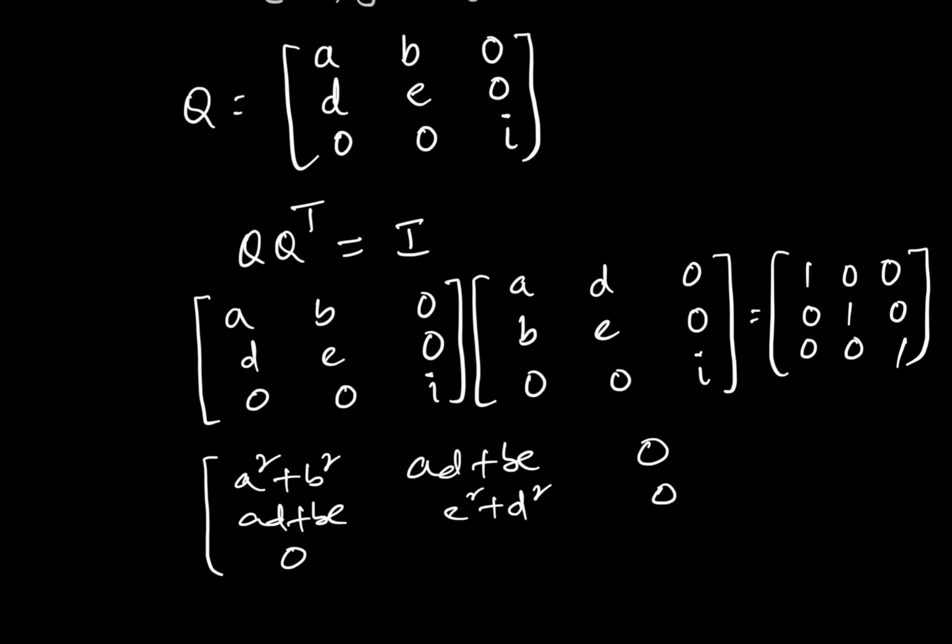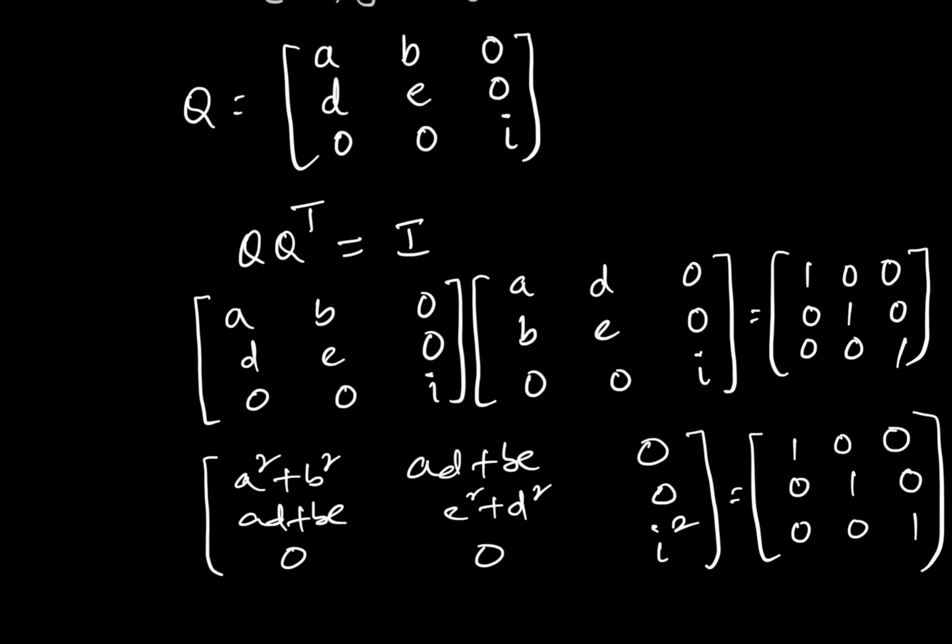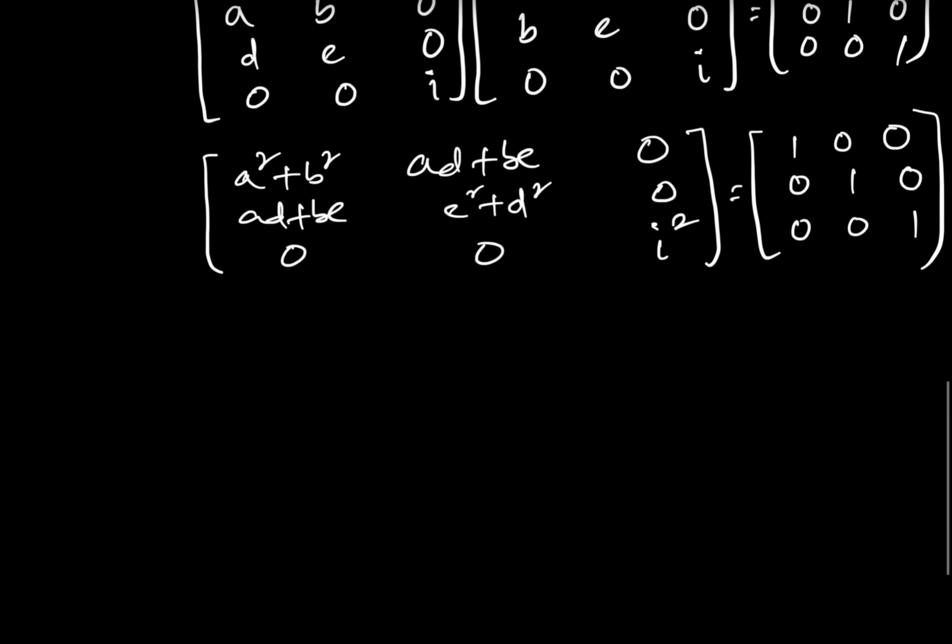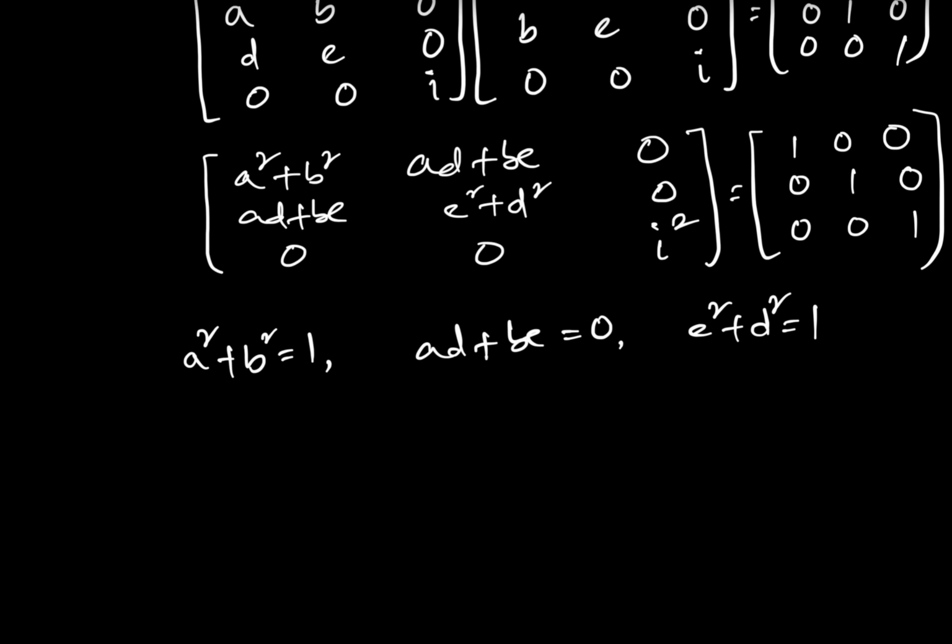This one 0, 0 and I square. So that it is [1 0 0; 0 1 0; 0 0 1], right? If you compare, what we are observing is A square plus B square equals 1, AD plus BE equal to 0, and E square plus D square equals 1. This is what we have to observe.